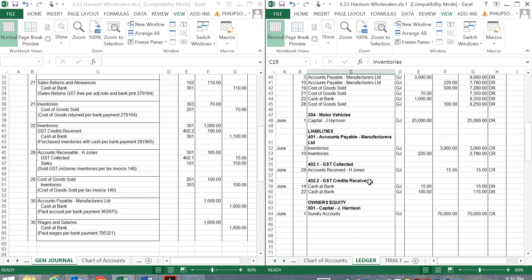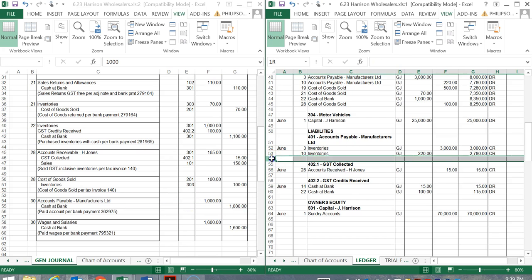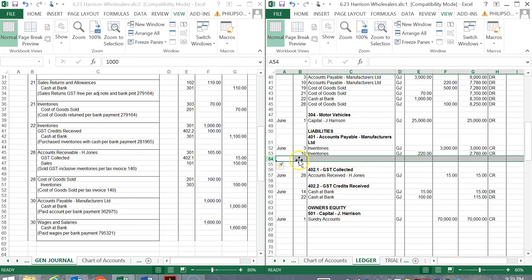I've been doing everything methodically, but at least I haven't made a typo or anything like that either, so that's good. Okay, so we're paying our accounts payable, so we're sending $1,000 debit to the accounts payable account. I'm going to insert a line, put in our date, the 30th, not there though.